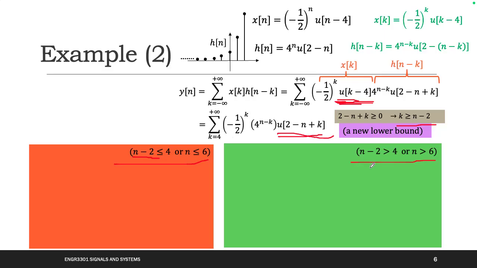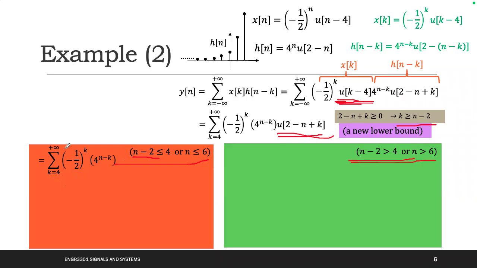And for this situation, what is your minimum value of k? n minus 2. Yeah, you're right. So let's just talk about two different situations. For this situation, the minimum value of k will be 4, and the upper value will not be changed, am I right?